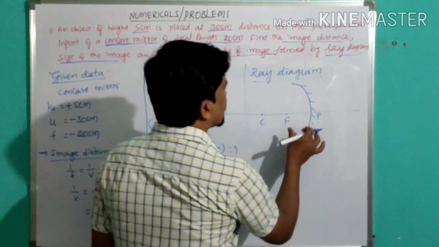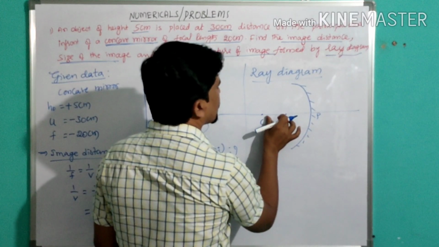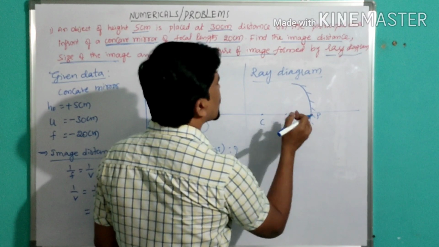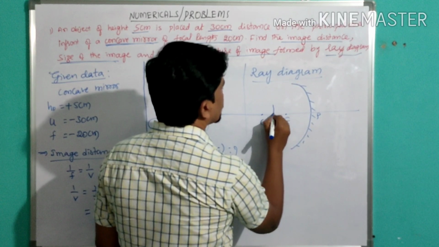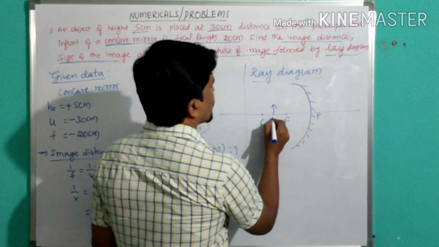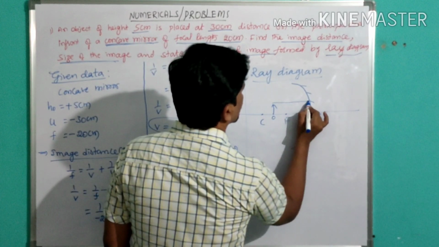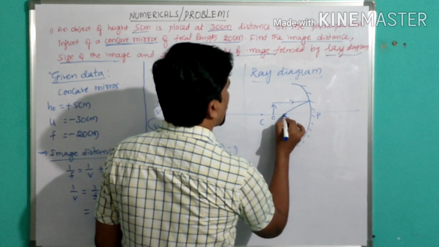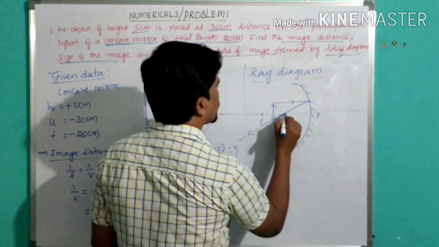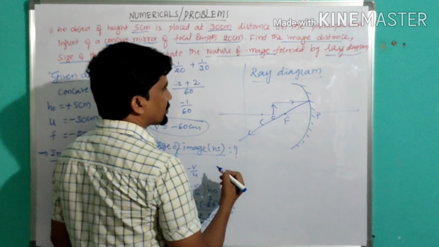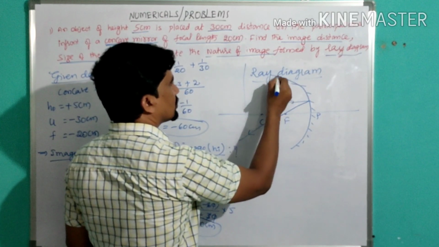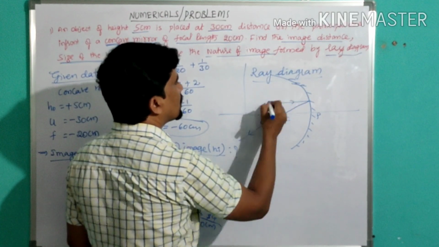Object distance 30. 20 plus 20, 40. But we want 30, so half of here. This is the object. First rule. Next rule. Third rule.